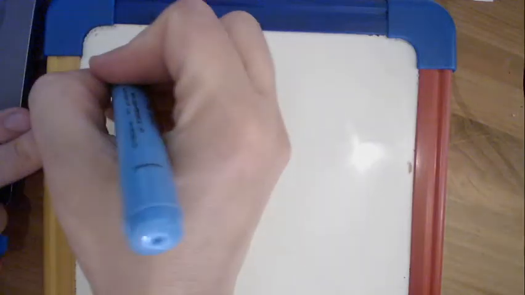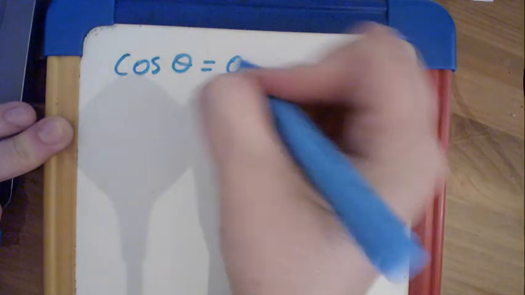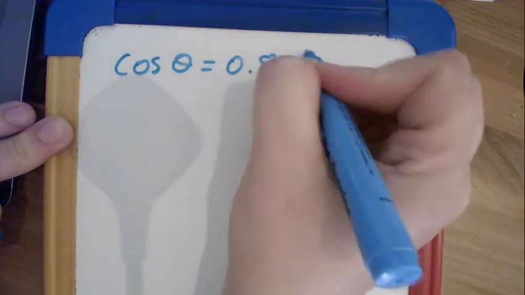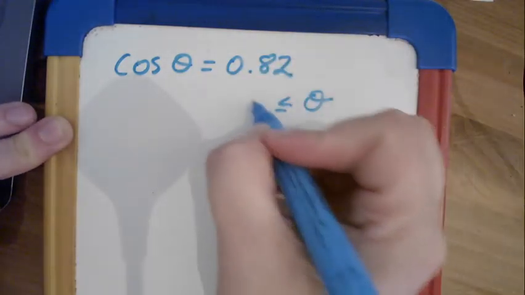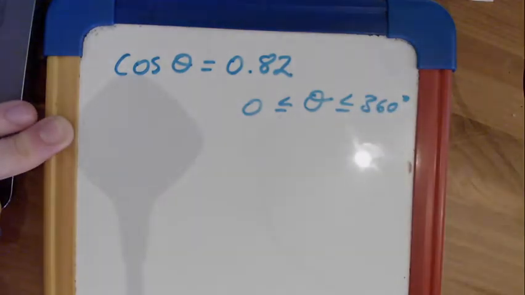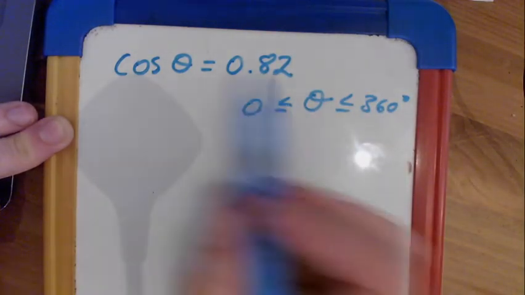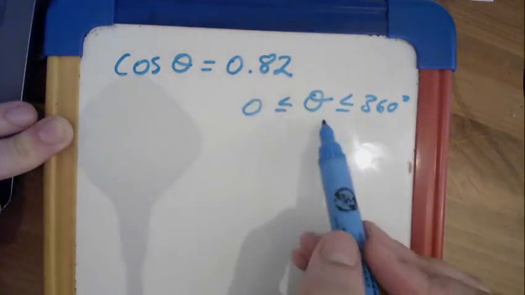So say I was solving cos of theta is equal to 0.82, and I'm telling you that theta lies between 0 and 360 degrees. That means normally, because this is a normal theta, there's only going to be 2 solutions within that period.